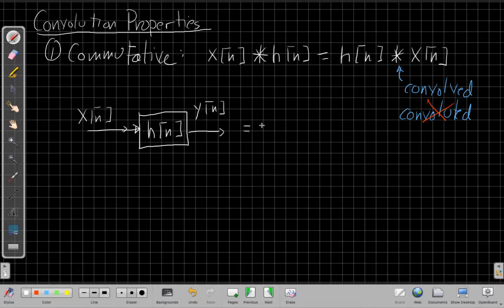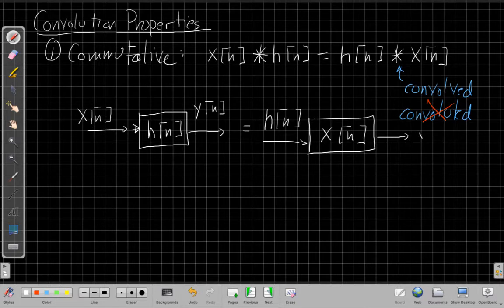What that means for systems is that if I take the input and the impulse response and switch them around, I also get the same output. It doesn't matter if x is the input and h is the impulse response, or if h is the input and x is the impulse response, I get the same thing. So that's the commutative property.